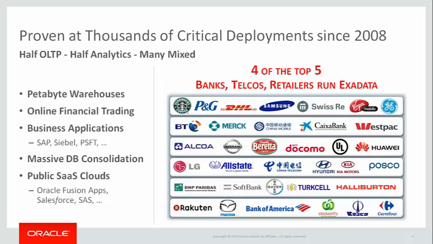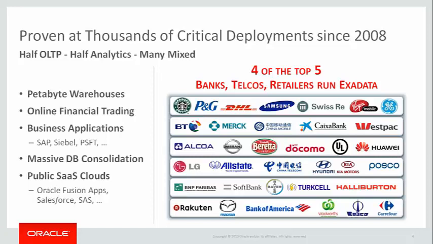Exadata runs all kinds of workload. This includes petabyte warehouses, online financial trading systems, and complex business applications like SAP, Siebel, PeopleSoft. They run on Exadata. Exadata also is used by many companies to do massive database consolidation.